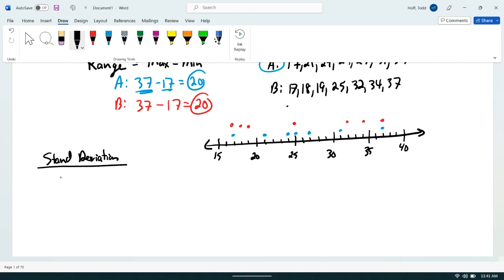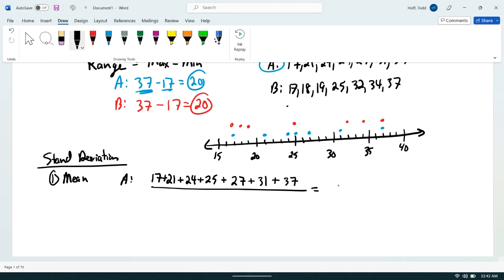So for set A, let's go ahead and do our standard deviation. Step one of finding the standard deviation is to find the mean. So for A, 17 plus 21 is 38, plus 24 is 62, plus 25 is 87, plus 27 is 114, plus 31 is 145, plus 37 is 182.